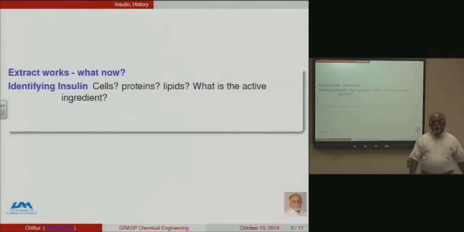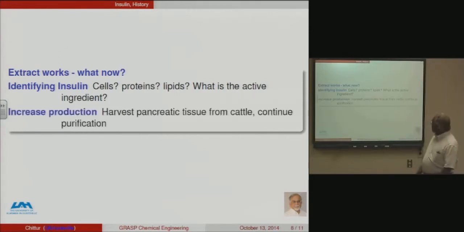Then the question is, what was in those pancreatic isolate cells that was helping save diabetics? Was it the cells somehow, or proteins in the cells? It took a while before people figured out that it was a hormone, in this case insulin, secreted by the cells, that's responsible.